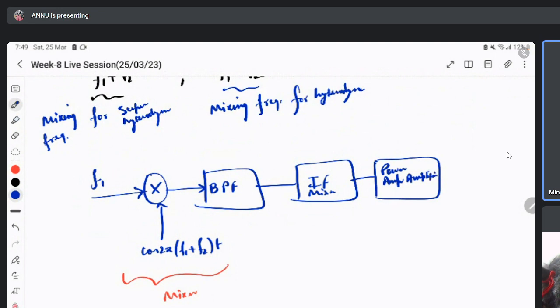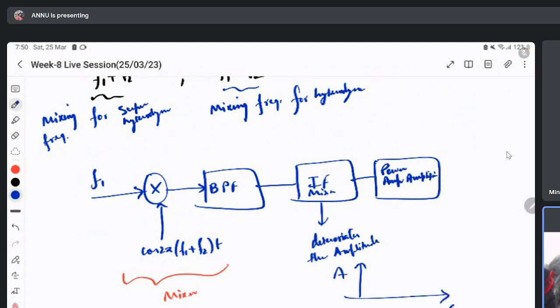Because the IF mixer deteriorates the amplitude. Amplitude and frequency vary differently, so though the frequencies are added, the amplitude deteriorates significantly. So, power amplitude amplifier, and then what is next?